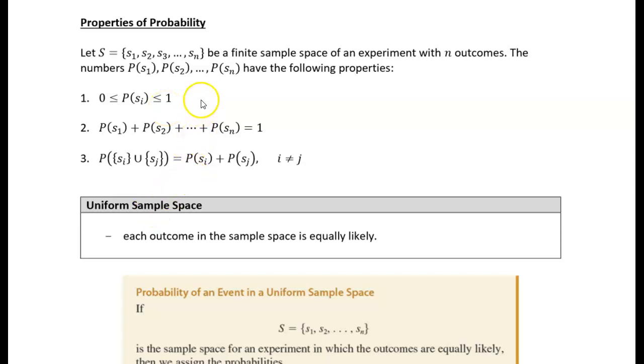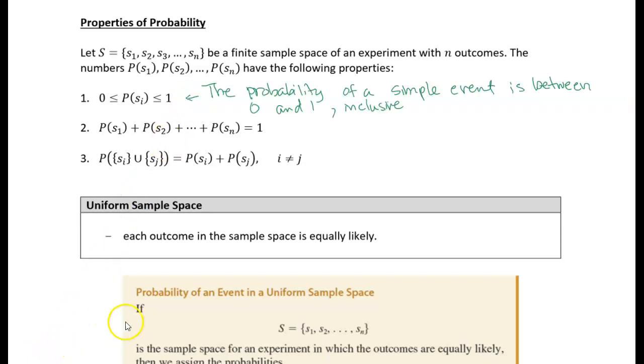The probabilities of the simple events are always between 0 and 1, which we would expect. That's what this is saying: the probability of a simple event is always between 0 and 1, because all probabilities are between 0 and 1. Also, the probabilities of all the simple events add up to 1.